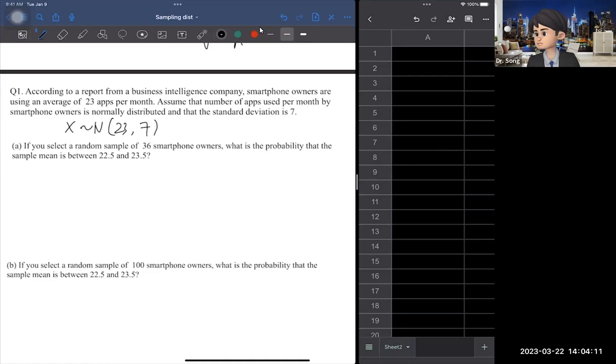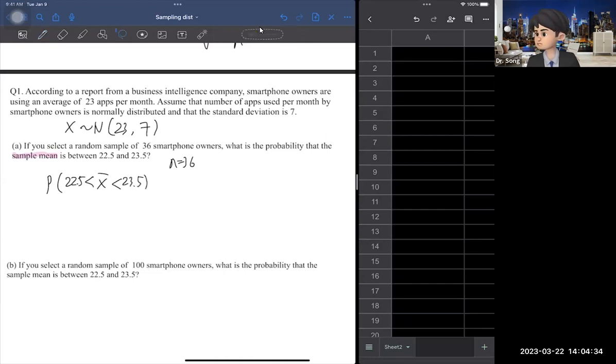If you select a random sample of 36, that means n equals 36, what is the probability that the sample mean is between 22.5 and 23.5? So we want to find the probability X bar is between 22.5 and 23.5.